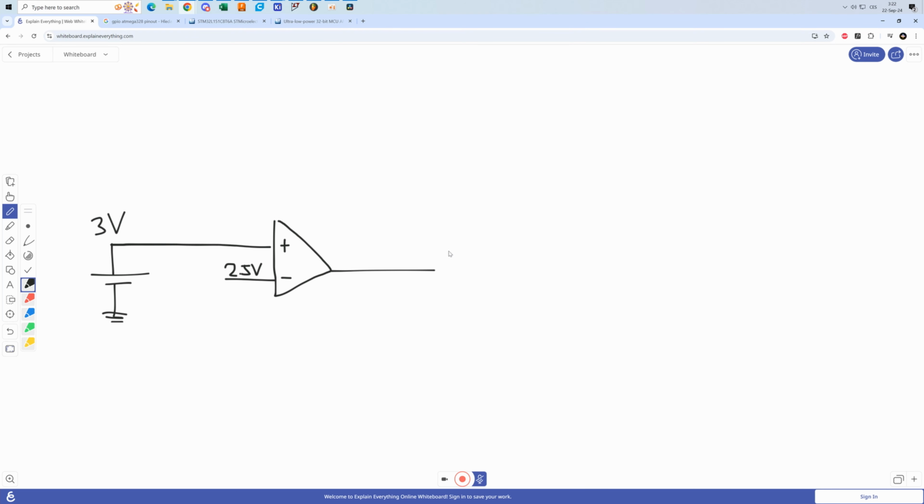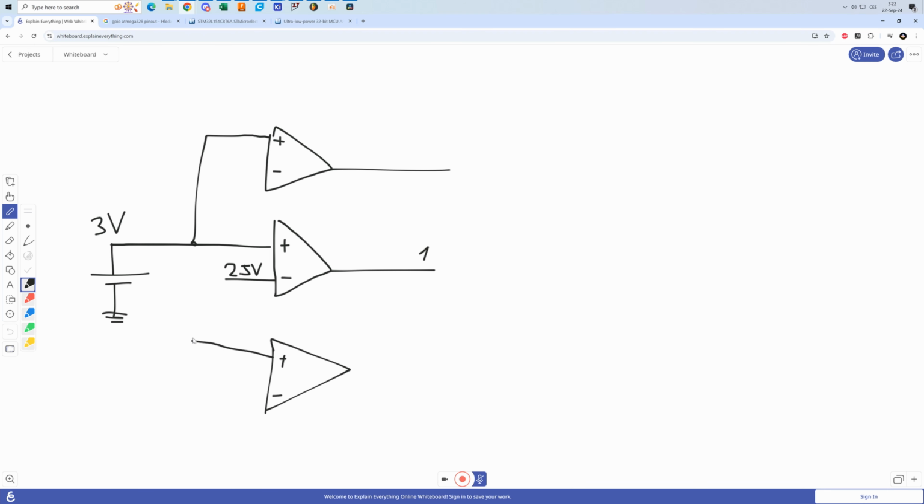In case it is higher, we will have a logic 1 or high on the output, and if not, then there's going to be logic low. Of course, this is going to be logic high at all times because these 3 volts will always be bigger than these 2.5 volts. Now, this is a very crappy analog to digital converter because it only tells us if the sampled voltage is lower or higher than 2.5 volts. But what we can do is that we can add a lot of these comparators, connected them all in sort of parallel. Let's have another one over here.